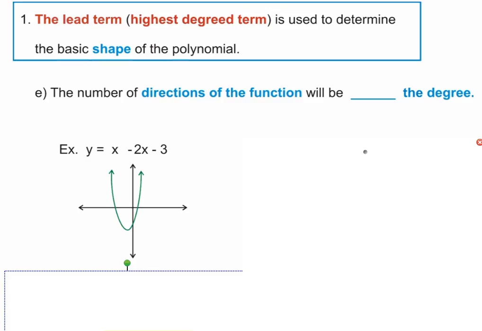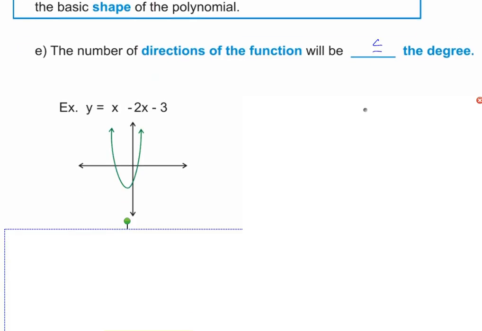All right, so again, we're talking about the lead term there. The number of directions of the function will be less than or equal to the degree. The number of directions will be less than or equal to the degree.